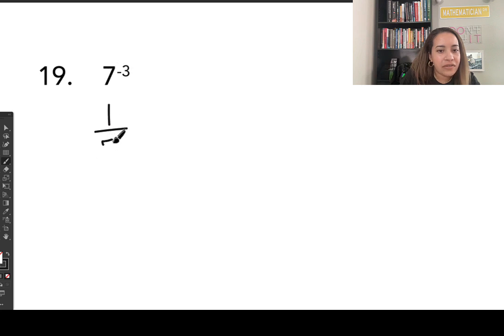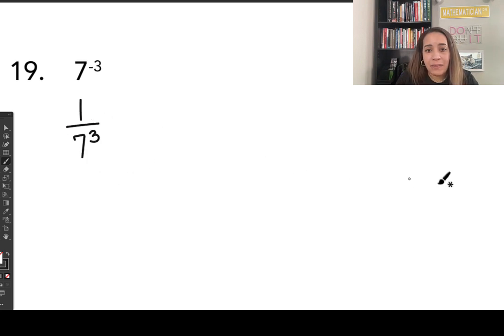The only difference is that it changes from a -3 to a +3. So my simplified answer is 1 over 7 to the 3rd power. Our original problem equals 1 over 7 to the 3rd power, but now we just have it in a different format.